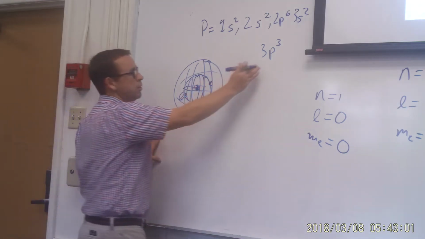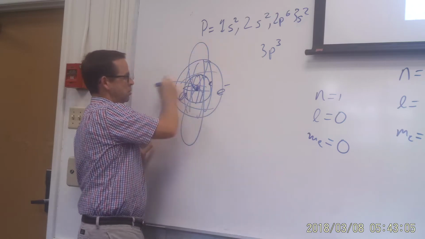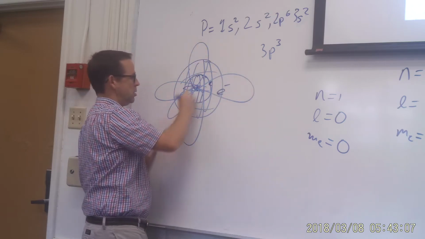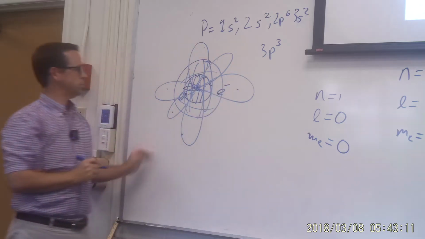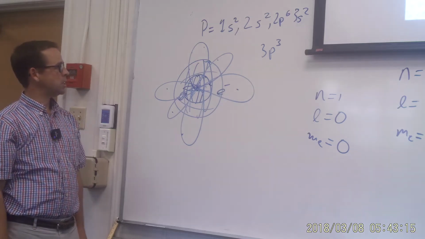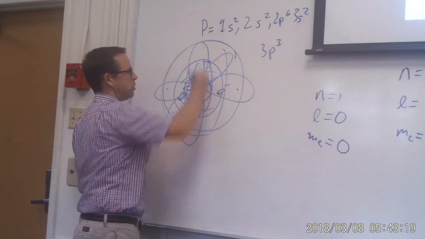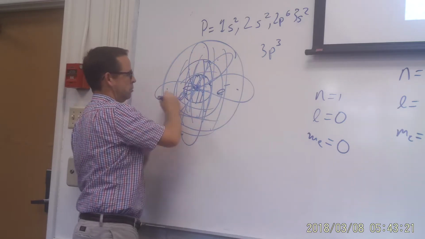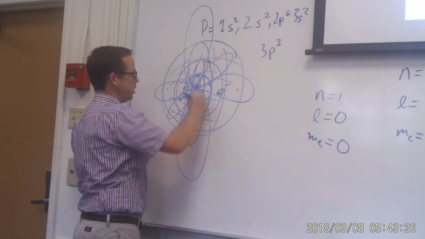If I wanted to draw these, wait, I didn't draw the 2 p's, right? There's 2 electrons in each of these orbitals, 2 electrons in each orbital, total of 6. After those 2 p's, we need a 3s2. It's spherical again. And then we have our 3 p's.